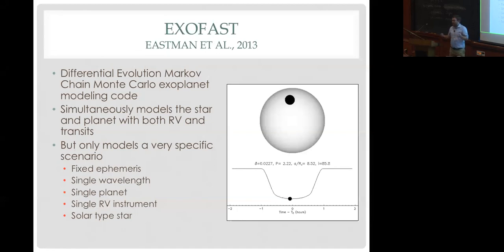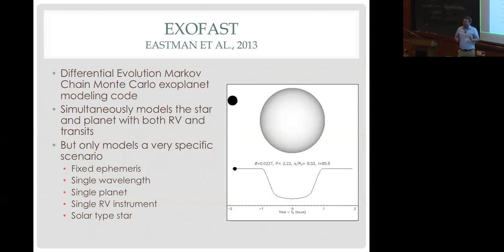It could only do a single planet, so if you had a multi-planet system, you just had to do them independently. You could only do a single radial velocity instrument, so if you had observations from Keck and observations from high-res, you either had to put them on the same system and then just sort of ignore the offset that might be there, or just write your own thing.